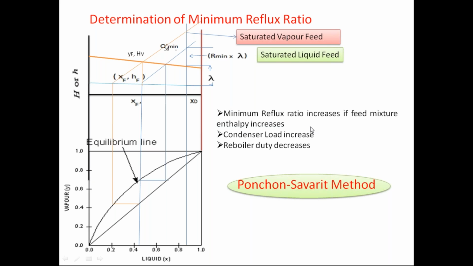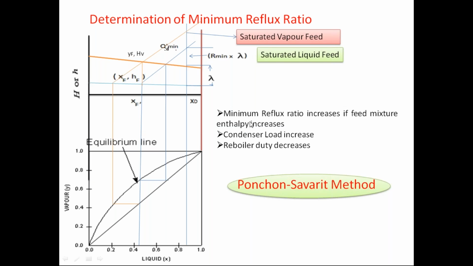Also you can see that the condenser load, this Q minimum, is initially here. Now it is increasing to this one. What is this? This is HD plus QC by D. This is the value. So that means the condenser load is increasing.